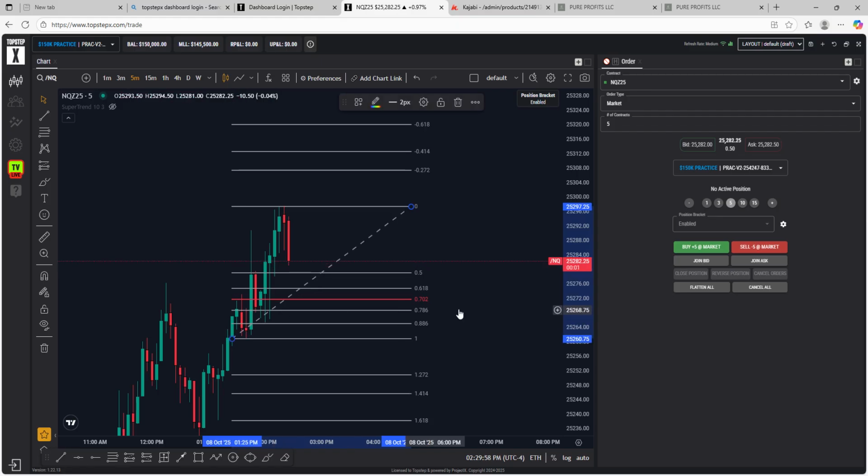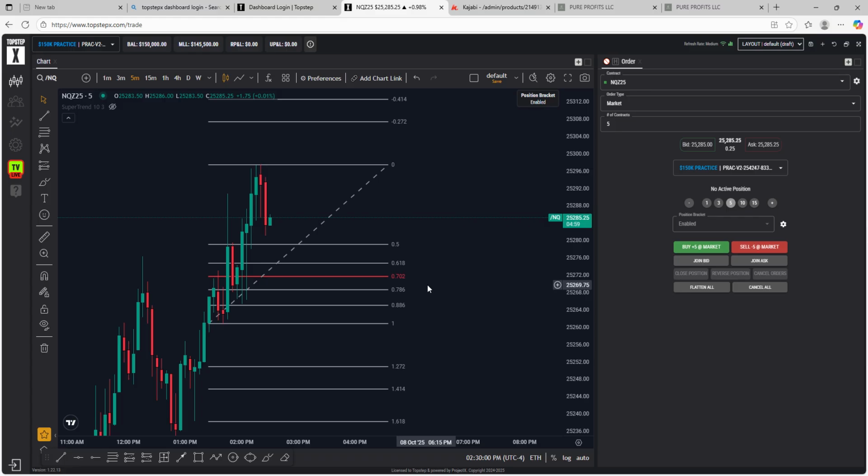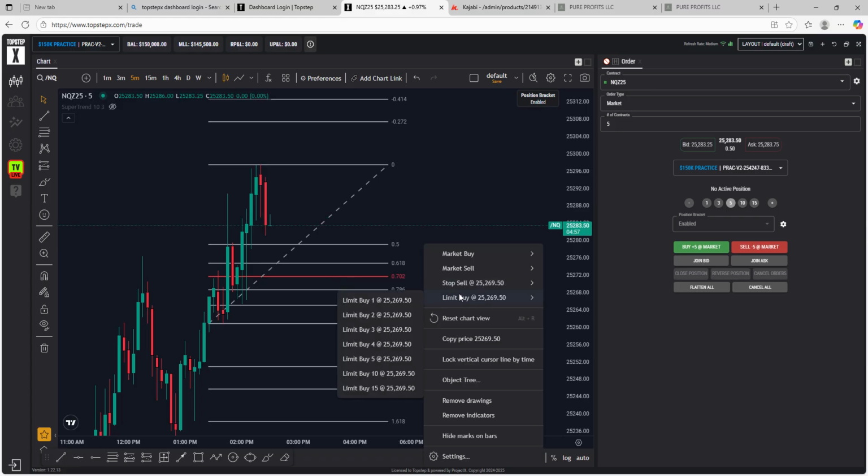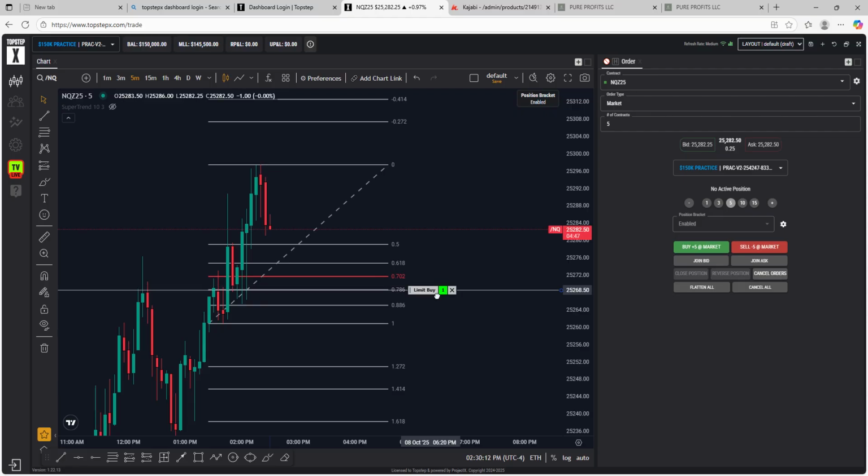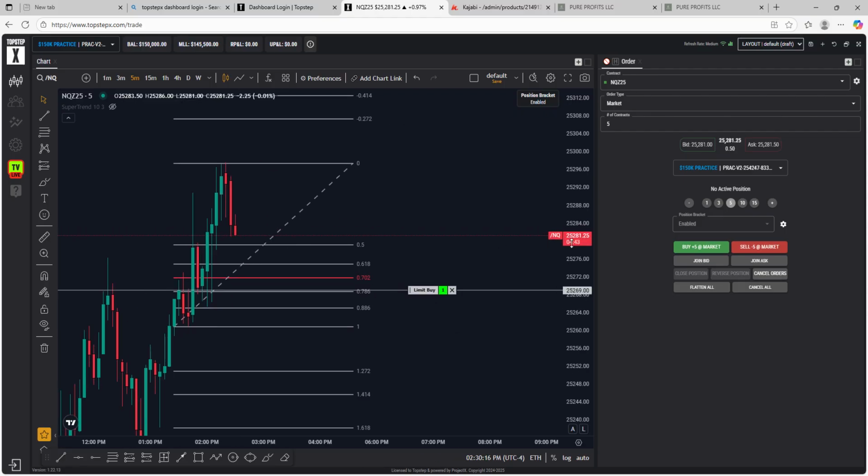OB candles in that zone. Right, I place my pendant. Let me buy 1, right on top. Right, hold on.